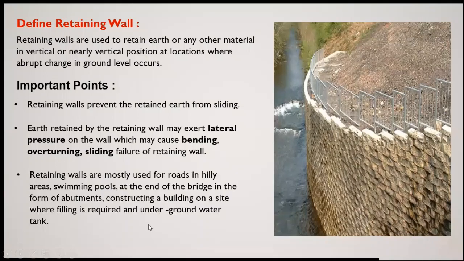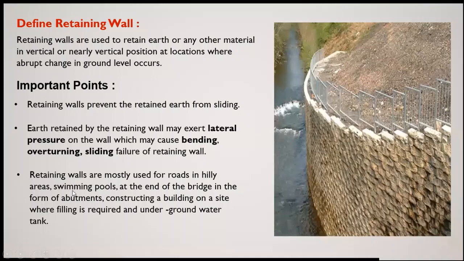The next point is that retaining walls are mostly used for roads, and we see daily when we travel across the road in the mountainous region that there are walls which are retaining the hilly area behind them. That means hills.